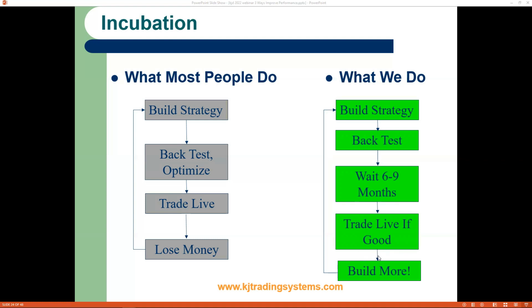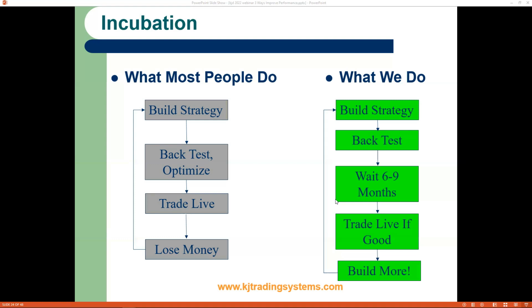And then, of course, if it was, you have confidence and you're like, oh, wow, this actually works. And you build more and you go back. So again, it's a loop. You keep building them, but you get this feedback that, hey, I'm building strategies well because they're working in real time.